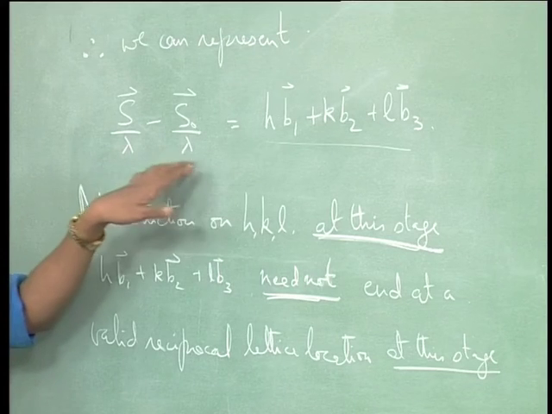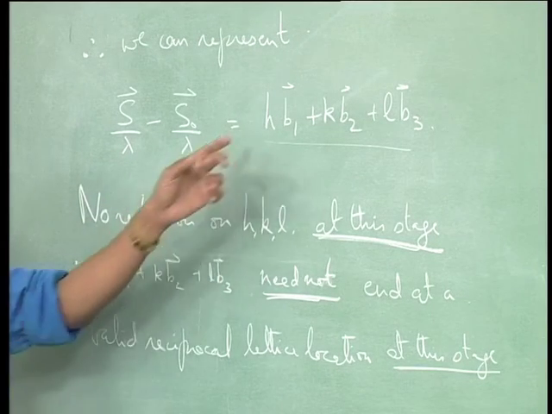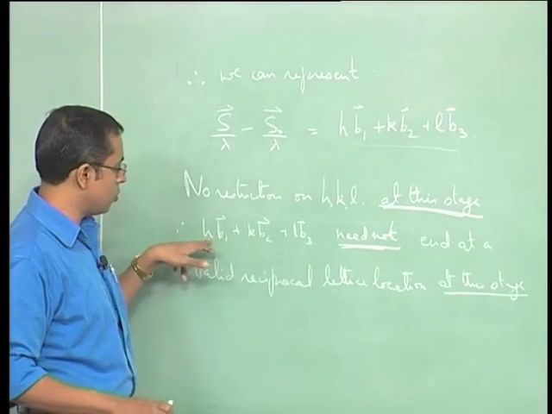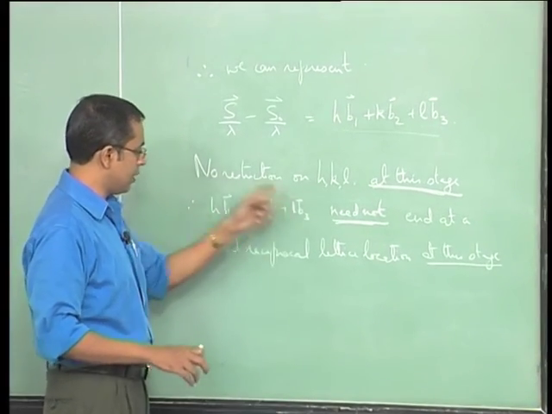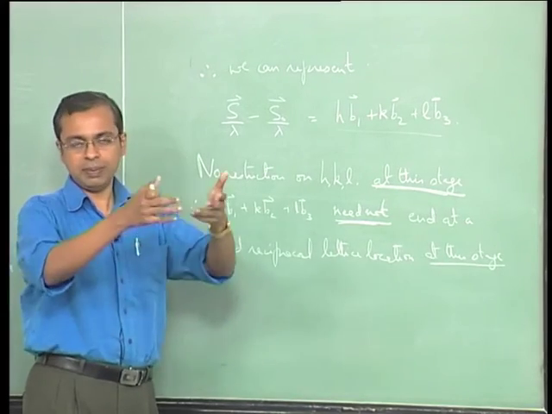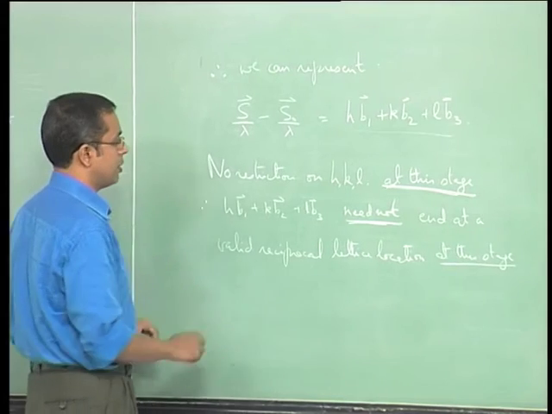So this difference, even though it has all the dimensions of being in reciprocal space and therefore can be written this way, these h, k and l need not be integers, and therefore this sum here, which is now a vector, need not end at a valid reciprocal lattice point. It could end up in some open location where there is no valid reciprocal lattice point, okay. So that is the important thing.